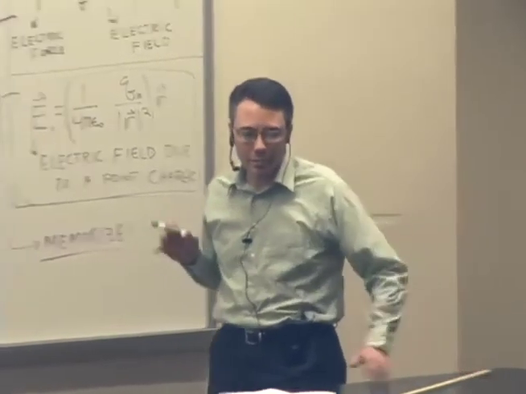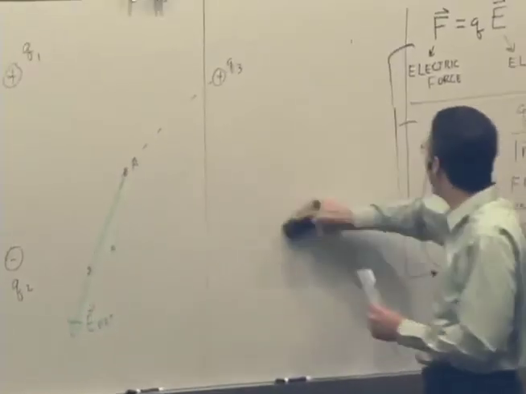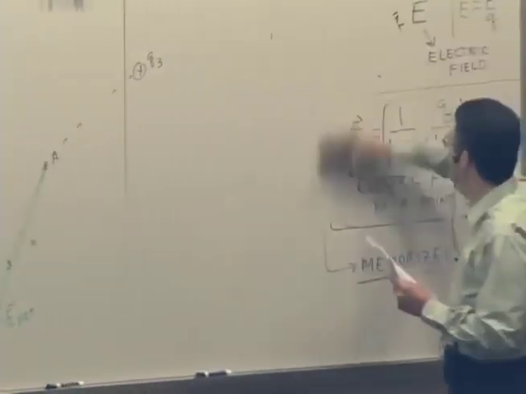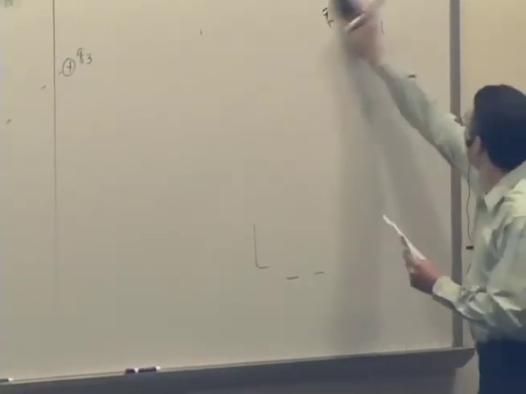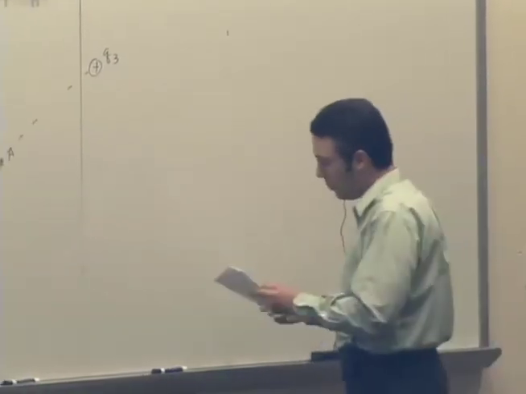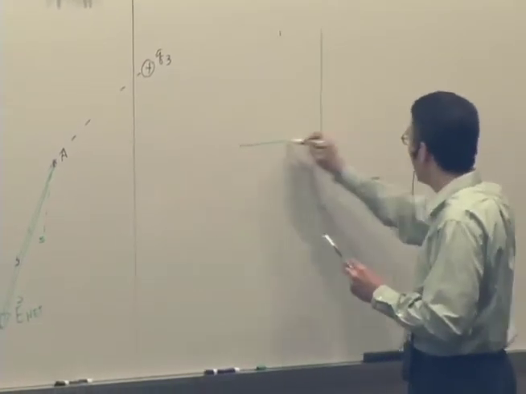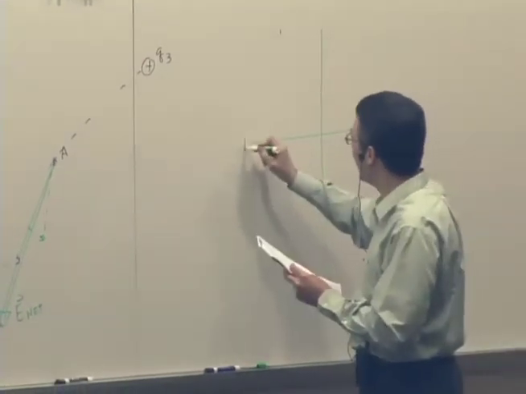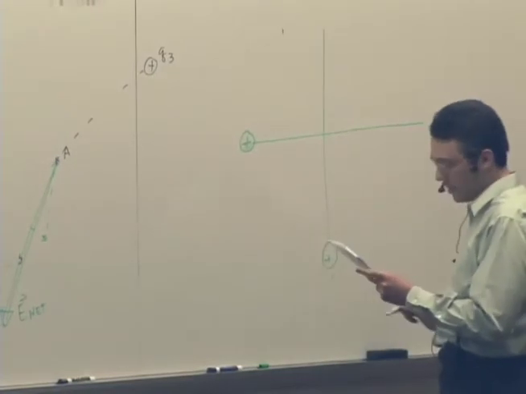Okay, that's the idea. Now a simple numerical example. We could have, for example, two positive charges. Place a positive charge here and a positive charge here.